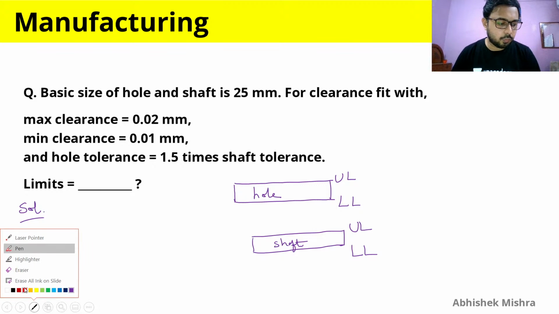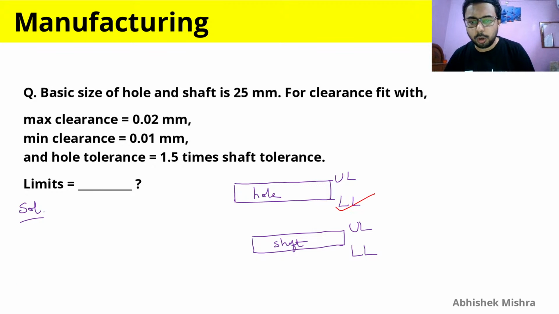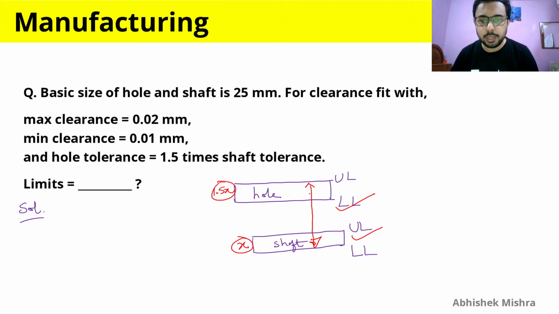The lower limit of the hole is known from the question by the default hole basis system, and you can calculate the upper limit of the shaft by the minimum clearance. After that, take the shaft tolerance as x, and from the question the hole tolerance is 1.5x. The maximum clearance value and the minimum clearance value are provided in the question.